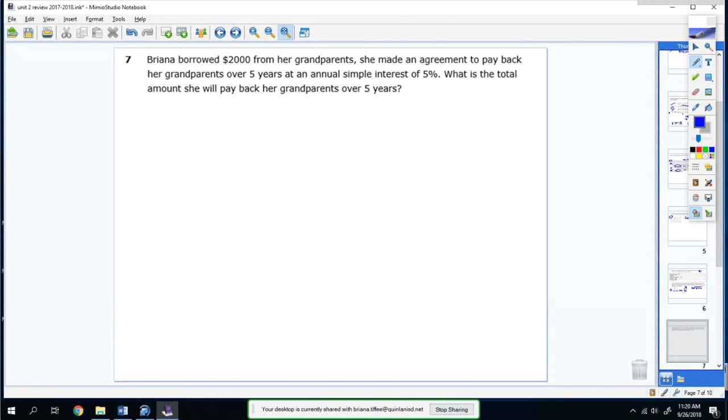All right. 7. Brianna borrowed $2,000 from her grandparents. She made an agreement to pay back her grandparents over 5 years at an annual simple interest of 5%. What's the total amount she paid back her grandparents? So you have I equals P times R times T. P is 2,000. R is 0.05.